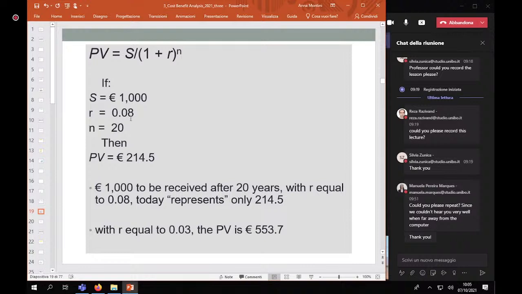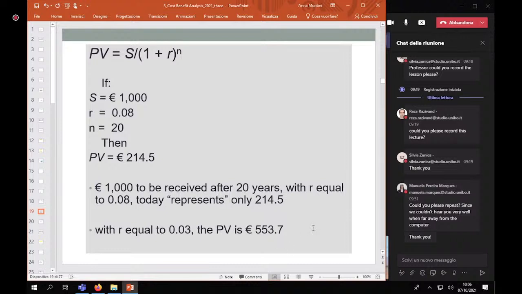If I consider a discount rate equal to 8%, it means that the present value of this 1,000 euro that I have to receive 20 years from now today represents only 214.5.